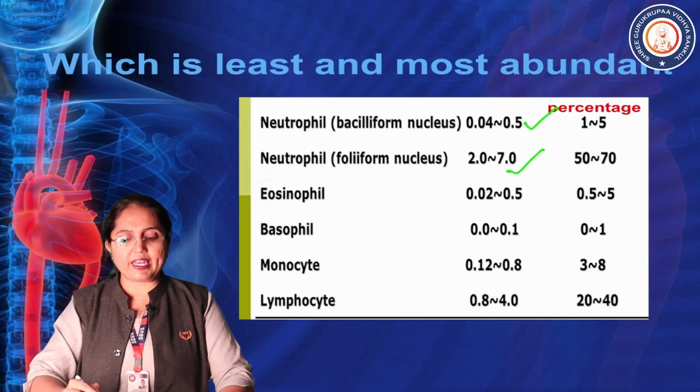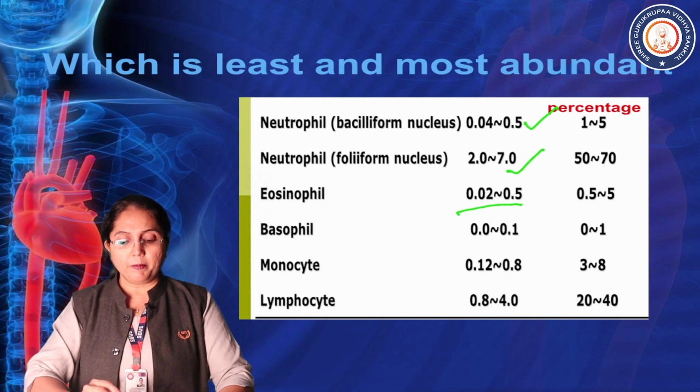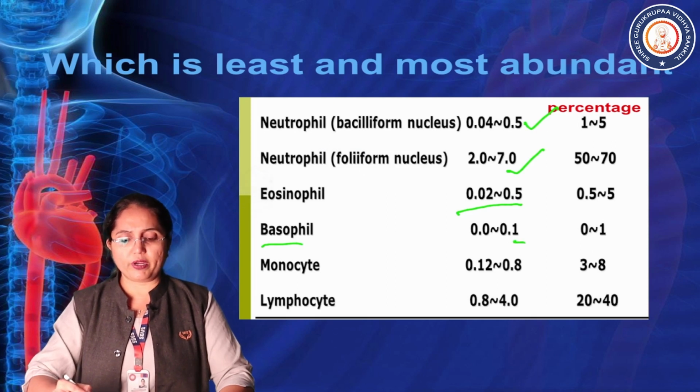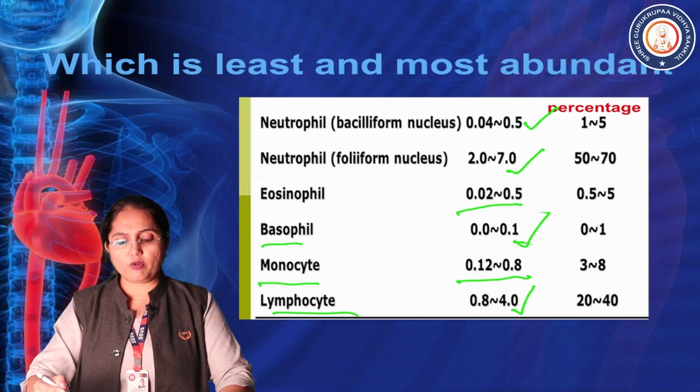Acidophils, which are very few in our bloodstream, are 0.02 to 0.5%. Basophils are the least in our body, approximately nil to 0.1, I'm sorry. Monocytes are a little more, from 0.12 to 8, and lymphocytes are 0.8 to 4, which are the most.